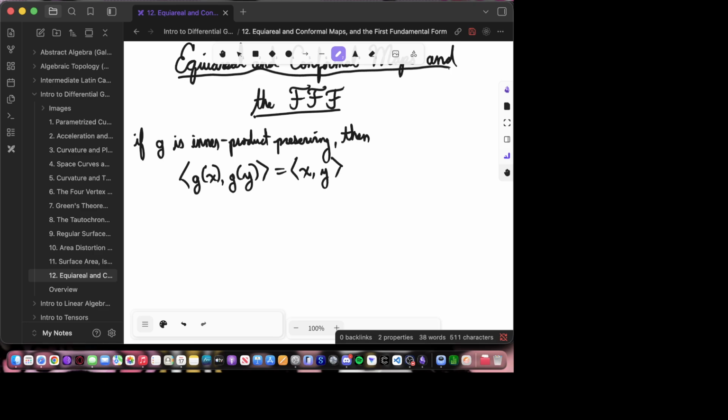So, sorry, G is a linear transformation in this case. Furthermore, we have that the norm of G of x is going to be equal to the norm of x.